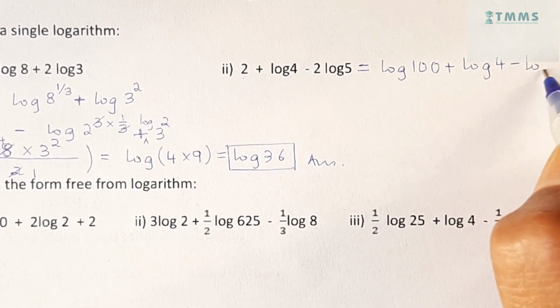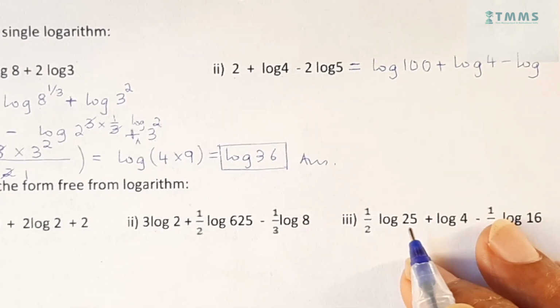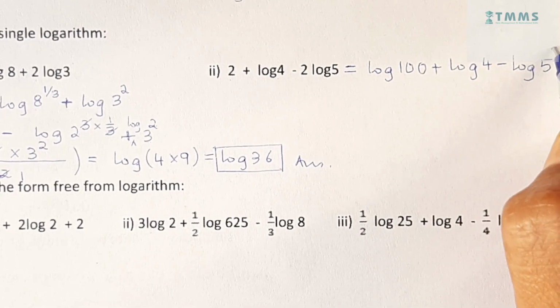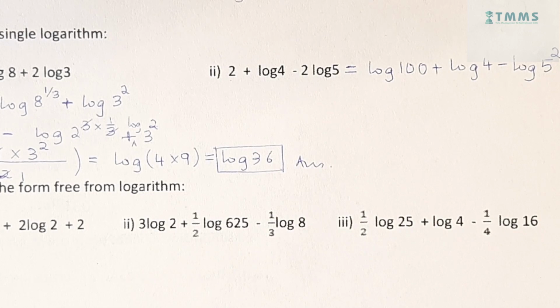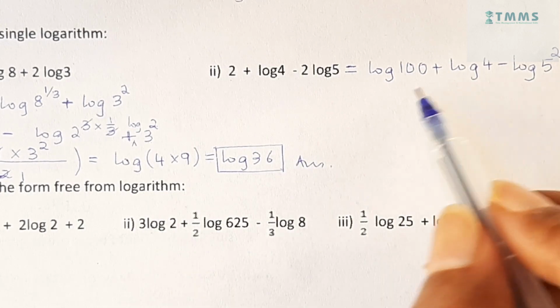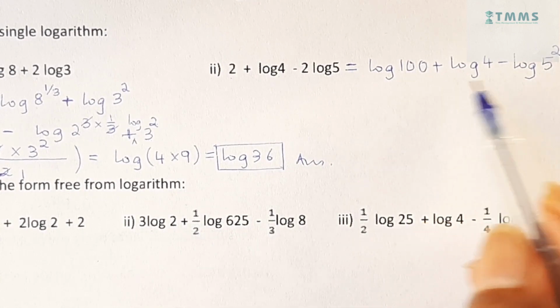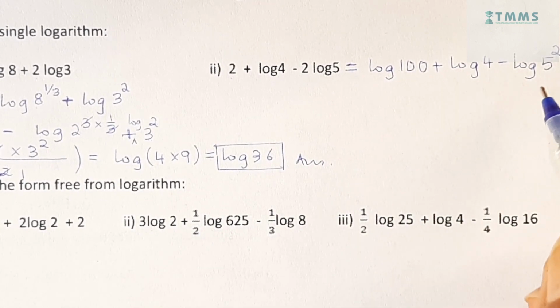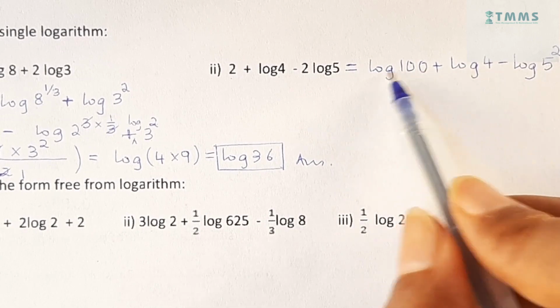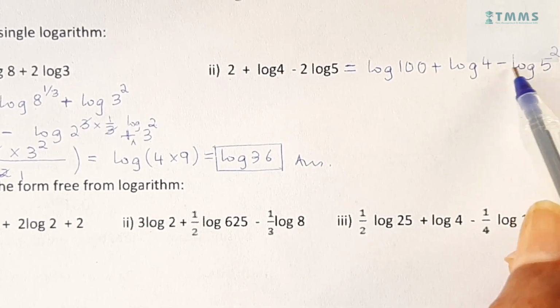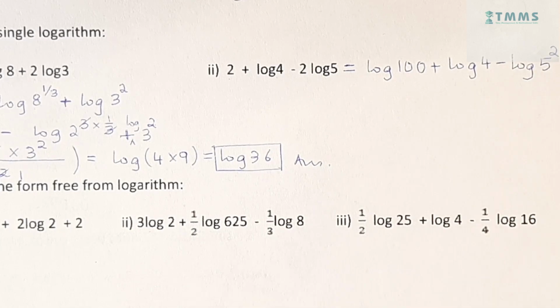It will become log of 5 raised to 2. Okay, now can you see this has become very simple? Now we are going to apply the laws of logarithm. If the logs are added, the numbers will be multiplied, and if the log is subtracted, it will be dividing.